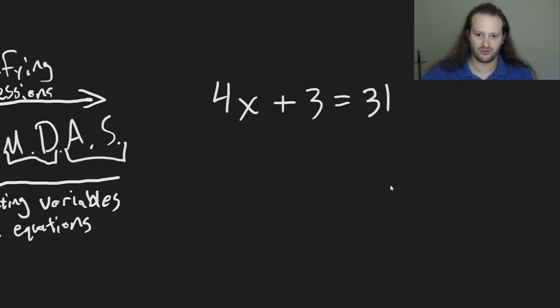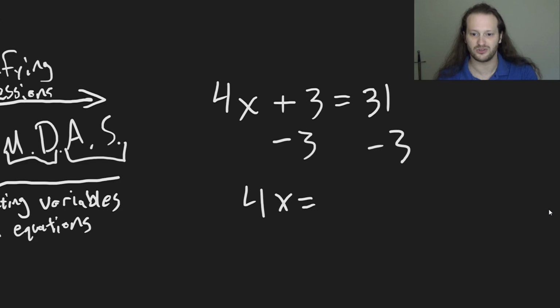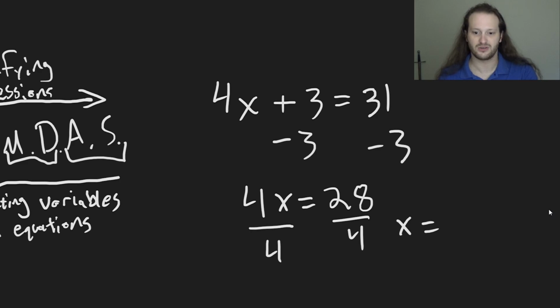Let's just do that. So the 3 is the weaker bond, so I'm going to subtract 3 from both sides. So we're left with 4x equals 28. Now we'll divide both sides by 4, which gives us x equals 7.